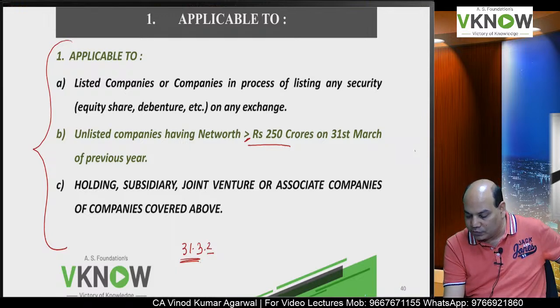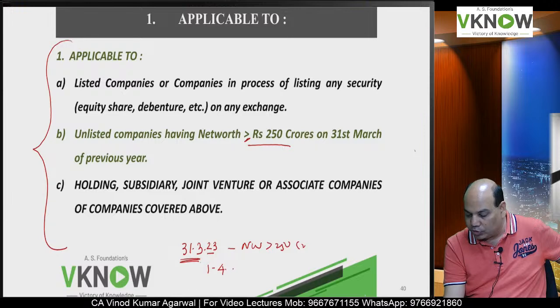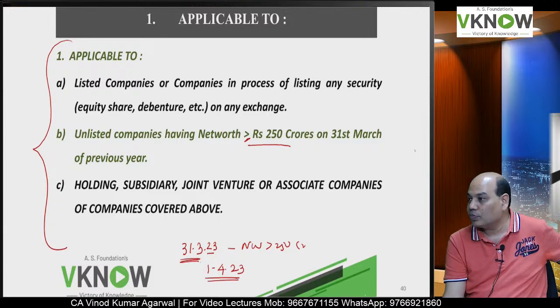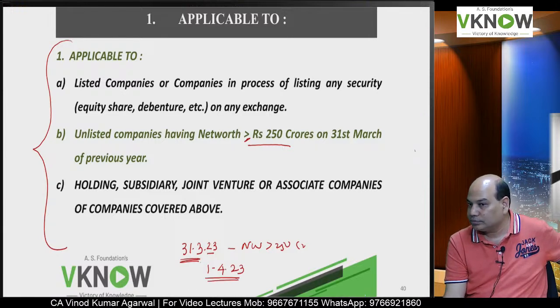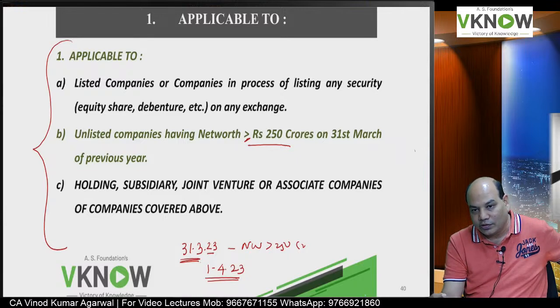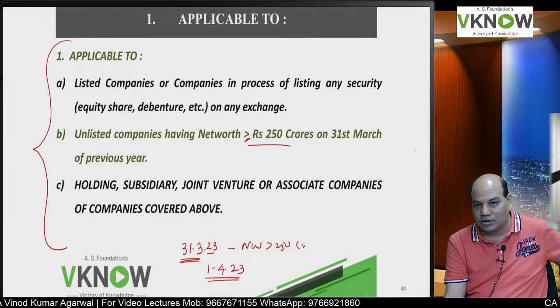So suppose on 31st March 23 your net worth is greater than 250 crore, then from 1/4/23 you have to apply Ind AS. Is it right? So the company will have to apply Ind AS immediately from the next year.